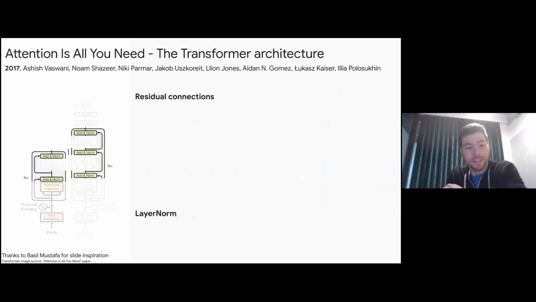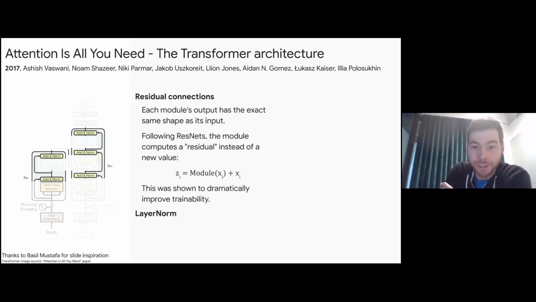Now, one thing that is often swept under the rug, but I think is really important to understand, is residual connections. They originally come from the ResNet paper in computer vision. And they are a very simple thing. They mean basically if you have some module or operation that you apply to your input, then to the output of this module, you just add your input again.